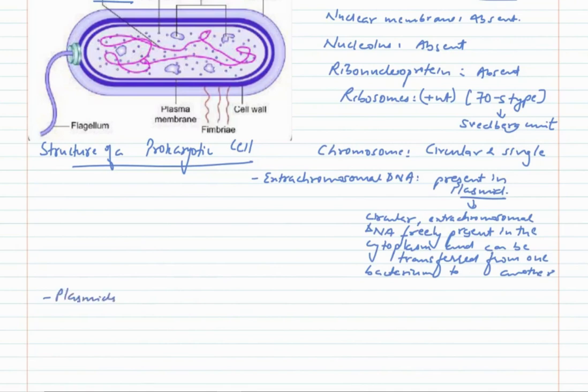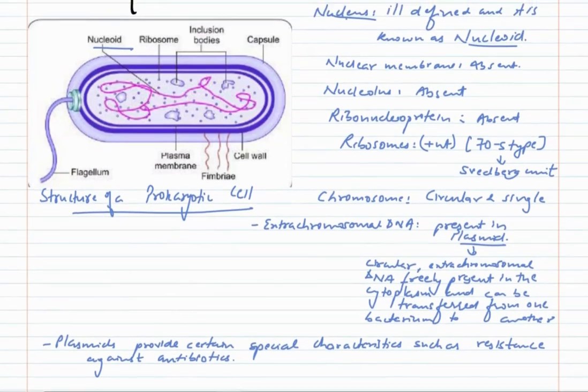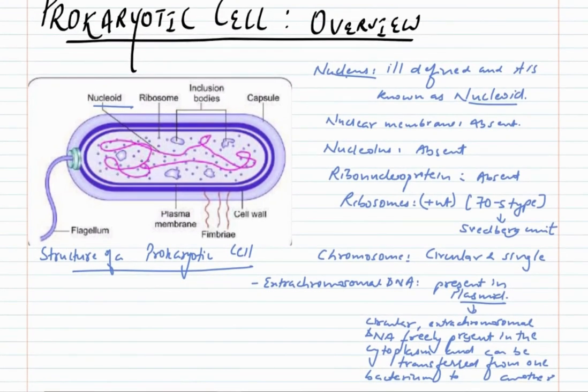Plasmids provide certain special characteristics to bacterial cells, such as resistance against antibiotics. So if there is a bacterium which has a plasmid with genes for antibiotic resistance, and this plasmid is transferred to another bacterium, that bacterium will also become resistant to a particular antibiotic.